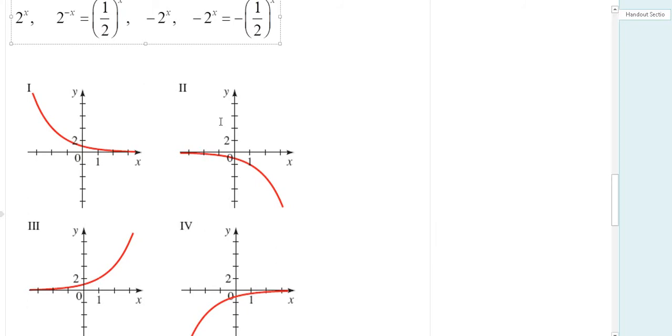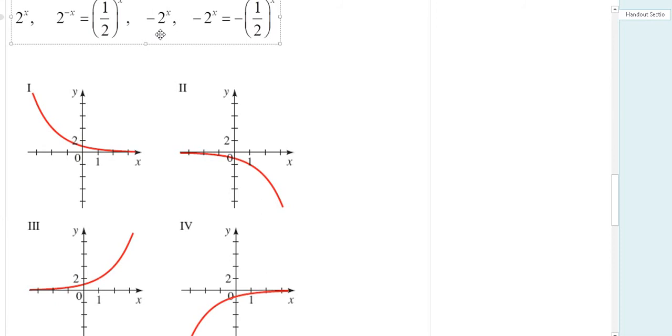You can view this one of two ways. You can think of this as 1/2 to the x, which has a base smaller than 1, so it's a decaying function, or you can think of it as being reflected around the y-axis. So you take this point and you put it over here. You take this point and you put it over here. You get the first one.